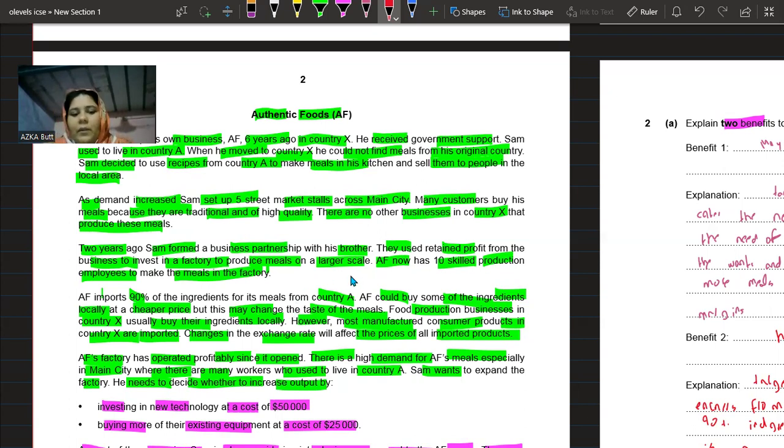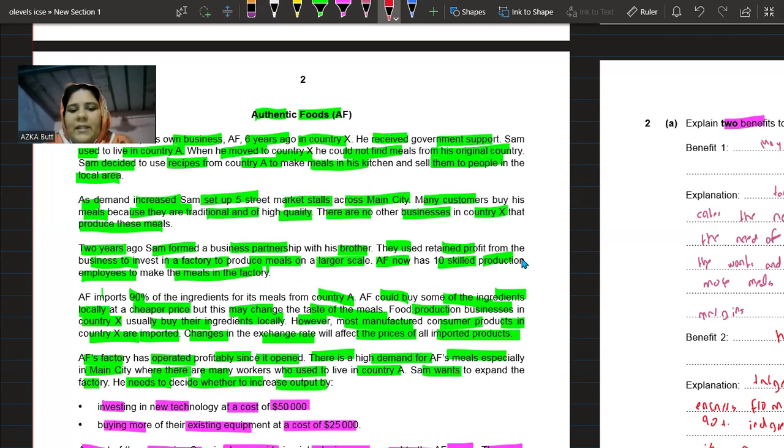So now they are both going to produce the meals in their factory on a larger scale. So of course they have to buy the equipment, they have to see the location, and also purchase maybe technological things. So it means that they have to invest a lot of money into it.